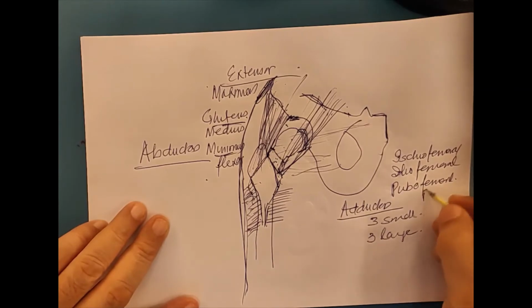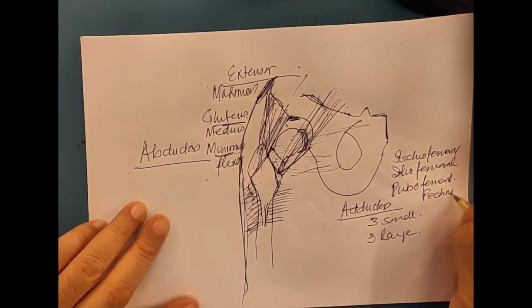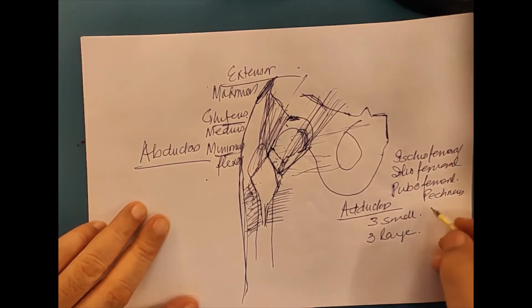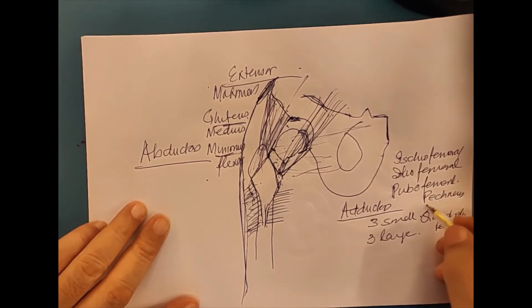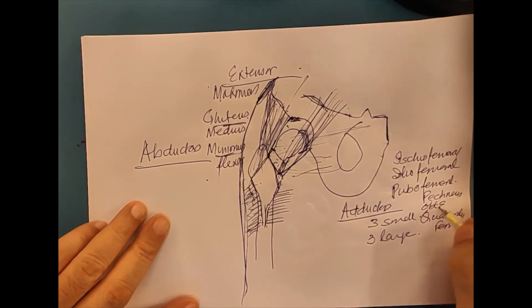So the small one is pectineus, it is an adductor of the hip, and behind you have quadratus femoris, and in between you have obturator externus.